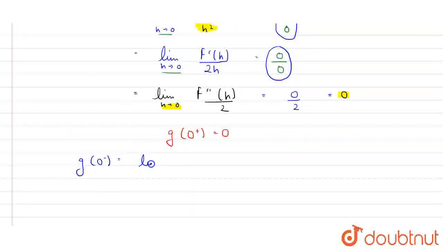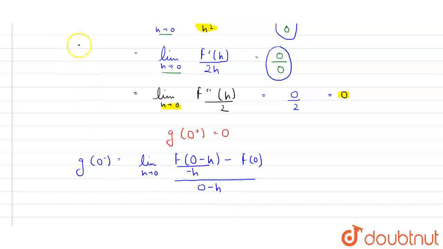I'll have limit h tends to 0 of f of 0 minus h minus f of 0, upon minus h, and whole divided by 0 minus h. Now here I can also write 0, it is same. Now this value is equals to 0, it is given to us in the question.